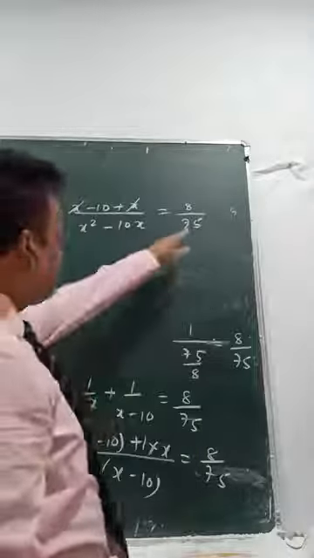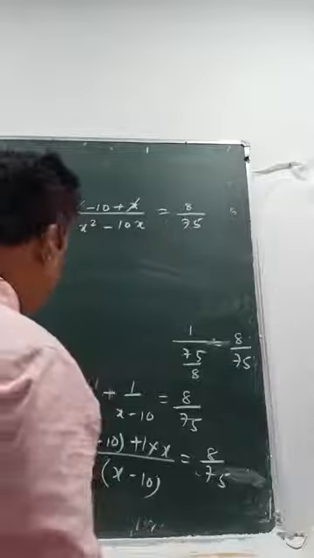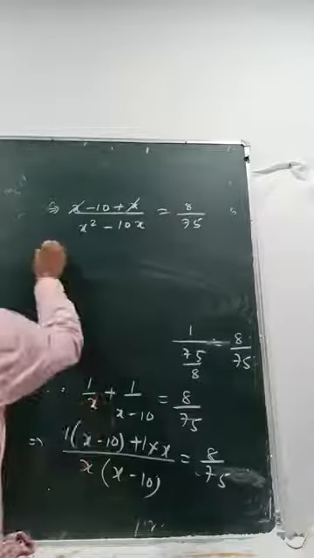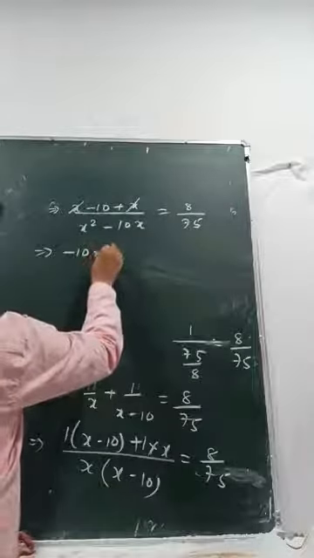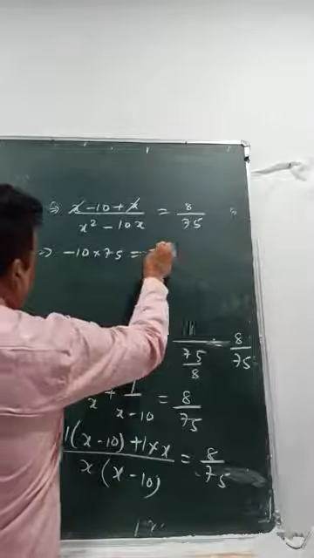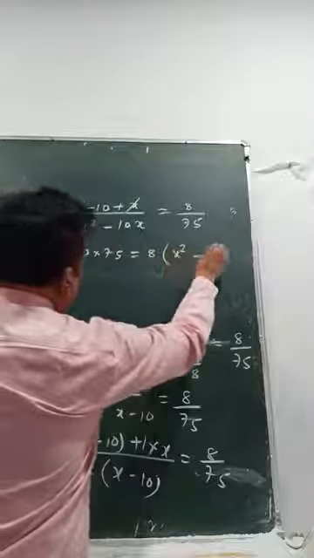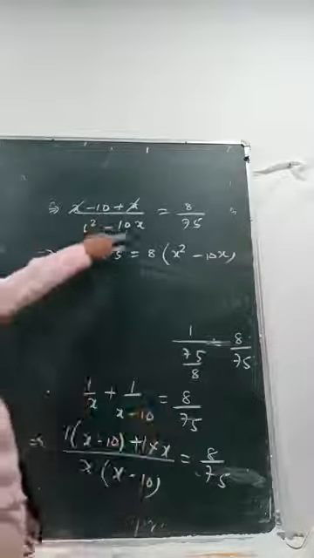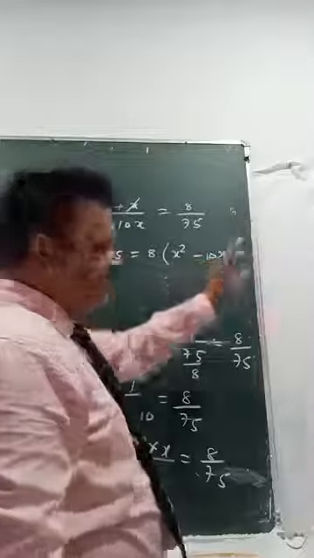Cross multiplication, this will go here. So minus 10 into 75, 8 into x square minus 10x. Remember, when there are two terms, you put in the bracket.